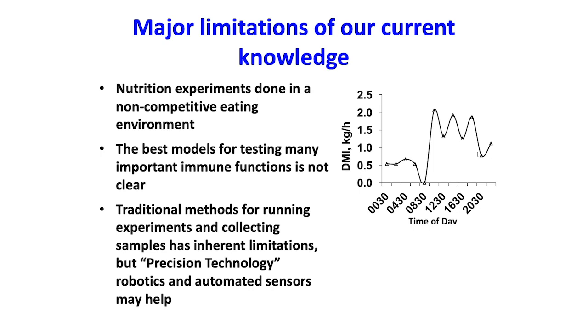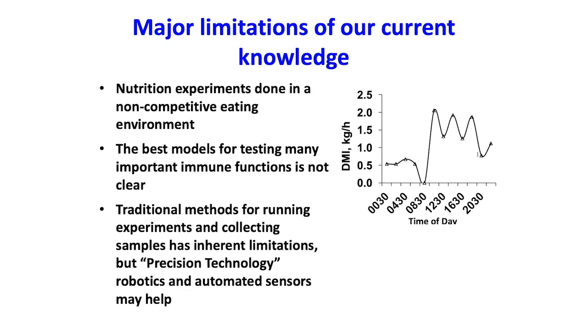Some of our limitations: nutrition experiments are done in non-competitive eating environments, in tie stalls mostly. There's a difference in the number of meals and size of meals. We're also very interested in this feeding pattern over the day that can interact. The best models for testing many important immune functions is not really clear.